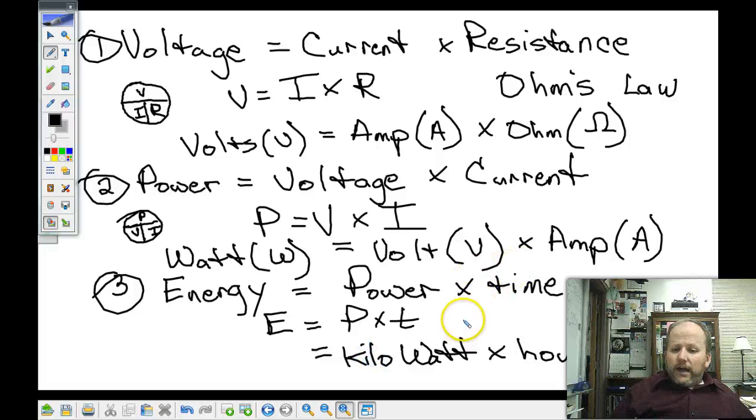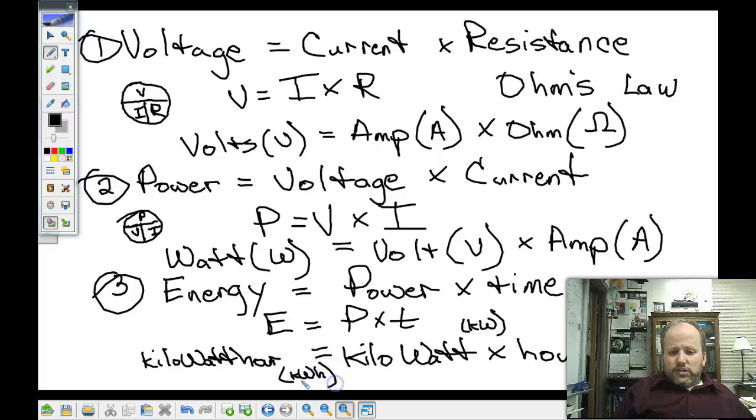So kilowatts would be abbreviated kW, hour would be abbreviated H. These just simply go together, and the unit we get for energy is called a kilowatt hour, abbreviated kWh. Here's what that means. This is how the electric company charges us for electricity.